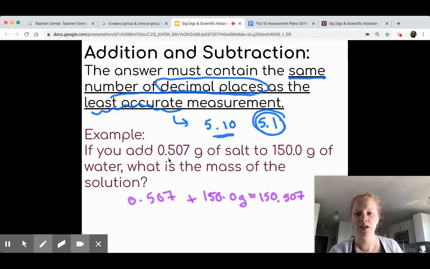So if we're looking at our two original numbers, the 150 actually only has one decimal place. So this one is our least accurate. So that means we get one decimal place in this example. So our answer is actually 150.5 grams.